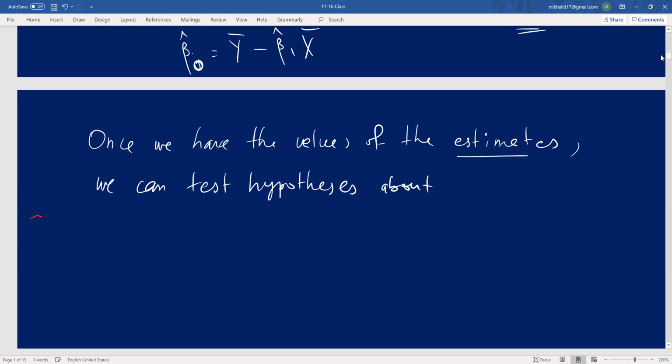Not estimates, not estimates. That was a mistake, but it's fine. But you also corrected it. About the corresponding true population parameters.